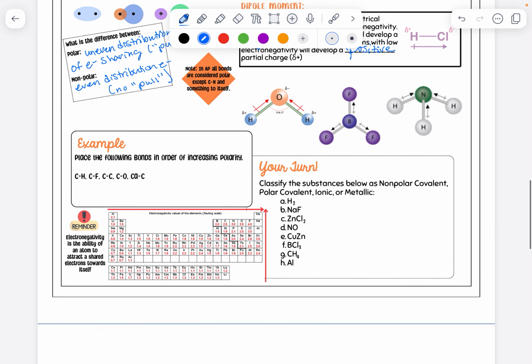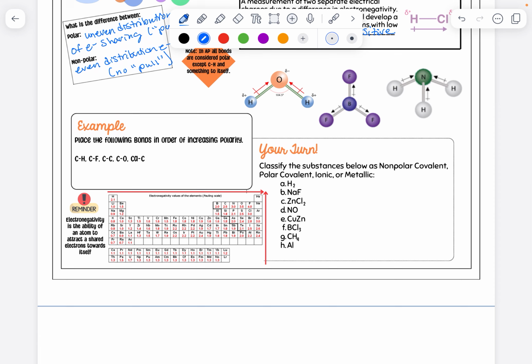So here's an example. It says place the following bonds in order of increasing polarity. So we're going to put the lowest polarity down here. We're going to put the highest polarity over here. We have carbon bonded to hydrogen, carbon and fluorine, carbon and carbon, carbon and oxygen, and calcium and carbon. First thing I notice here is calcium and carbon.